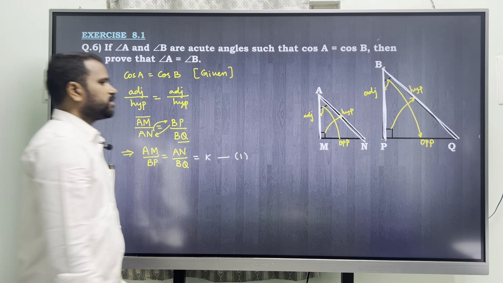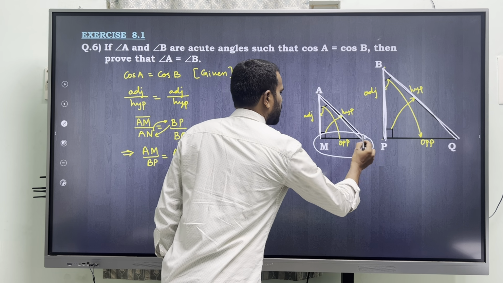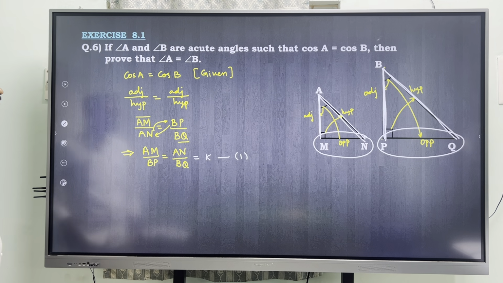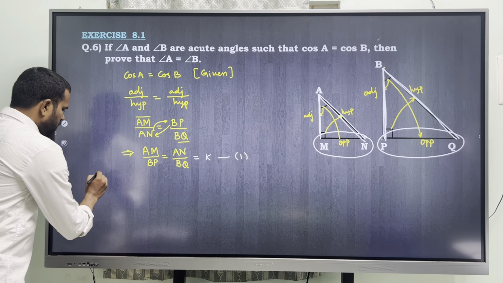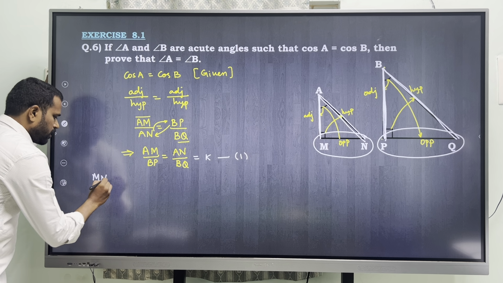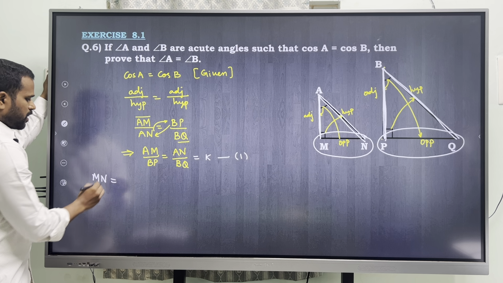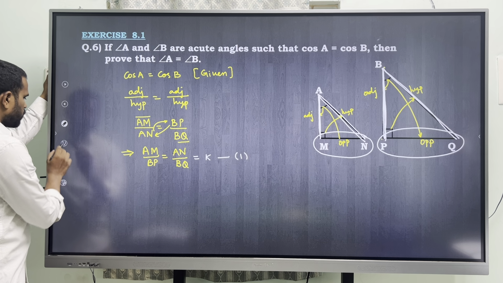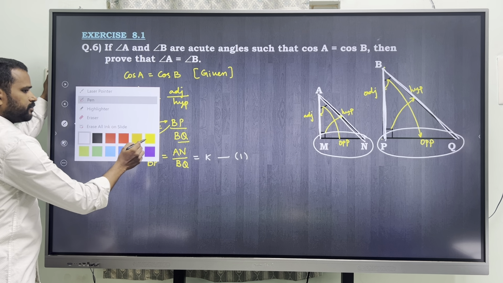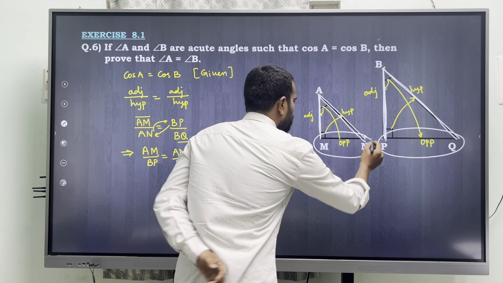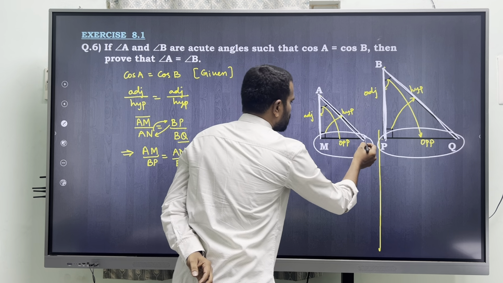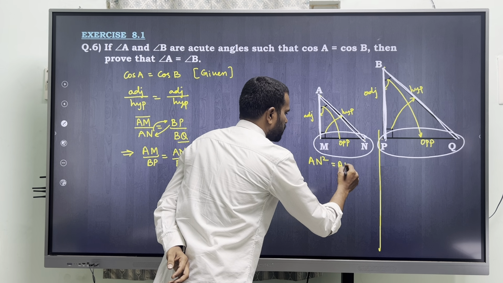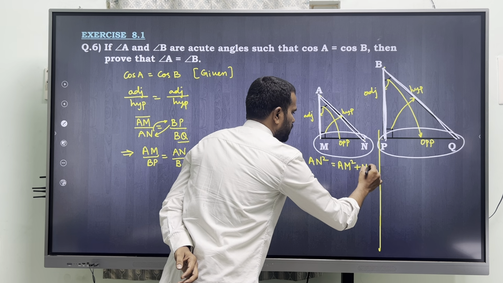Now what we will do is, from this let us calculate the MN and PQ ratio, MN by PQ, right? Let us find what is the value of MN. See here, MN square from the right angle triangle. This is the hypotenuse square, AN square is equal to the sum of the other two sides' squares, plus MN square.